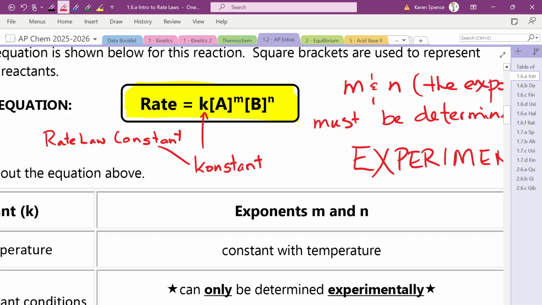It is different for every reaction and it is different at every temperature. So it's not very constant, but if you have the same reaction at the same temperature, k will always be the same.